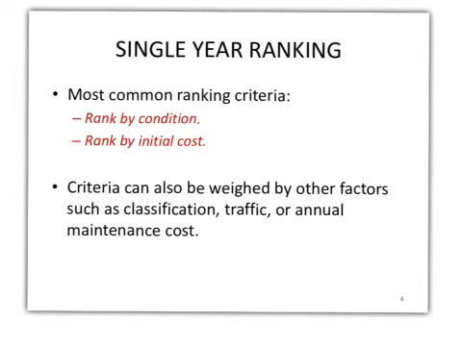Also traffic: if I have a high traffic volume route compared to a low traffic one, the high traffic would get more prioritization. Or the annual maintenance cost. All of those can be used as a weight factor in the ranking. And how can we prioritize the sections that we have with the available fund?